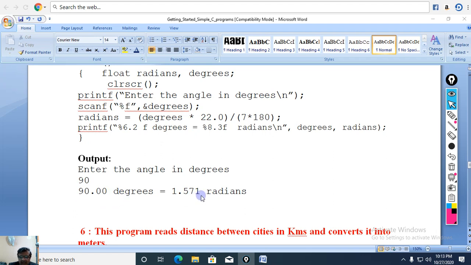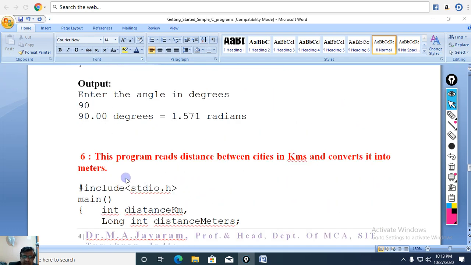Radians equal to 1.571, it is 8.3, 1 2 3 4 5. Among the 8 character width, only 5 characters have been utilized, and the remaining vacant space will be over here and not over here. Therefore it is right justified. These are all the things that we learned in the 5th problem.